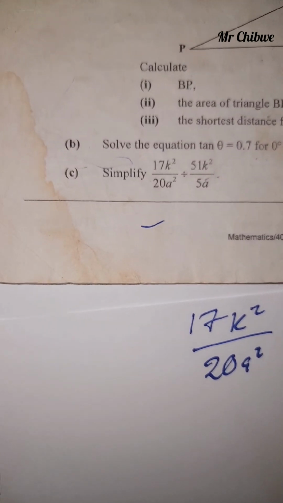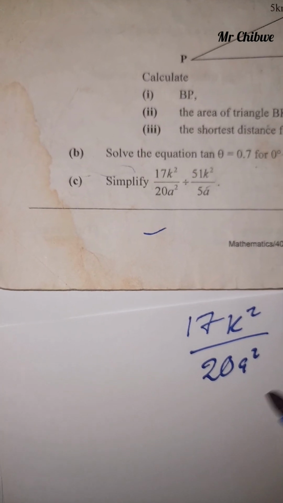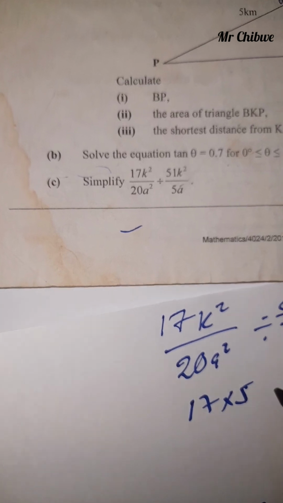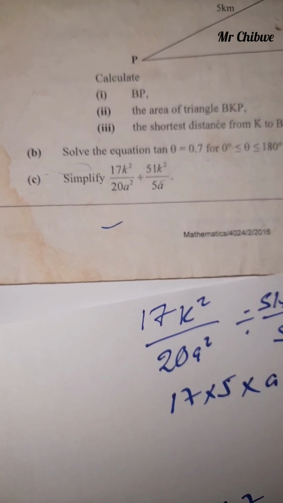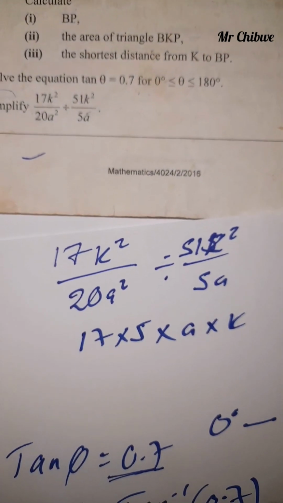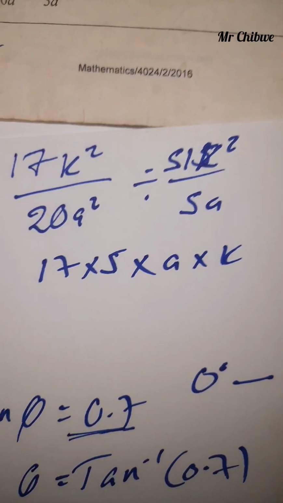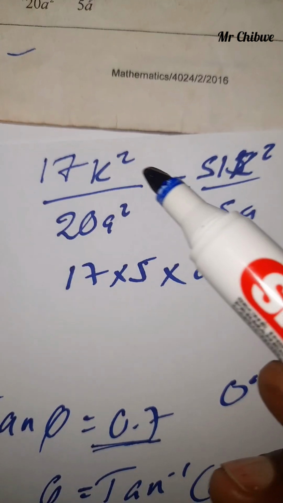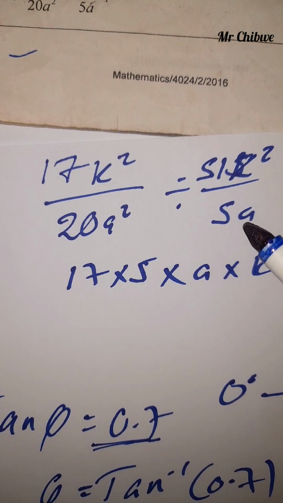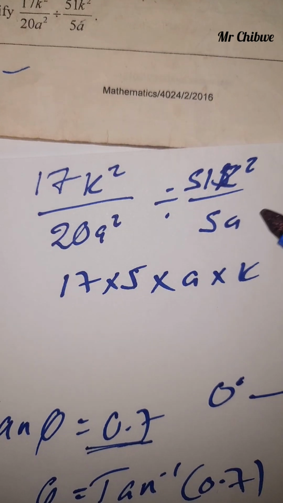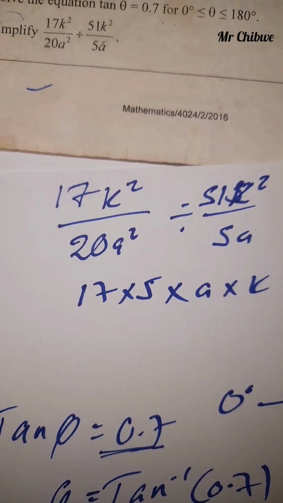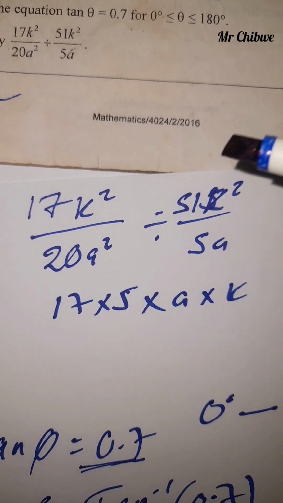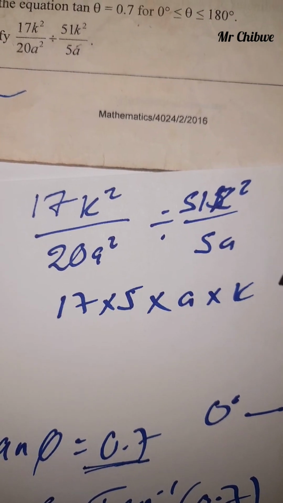So what you do here, you introduce a multiplication sign or just cross multiply, because there is a division. The fractions interchange: the 5a will be on top and the 51k squared will be on the bottom.